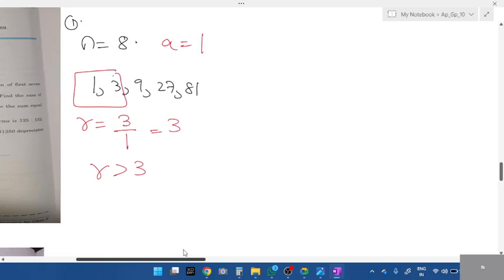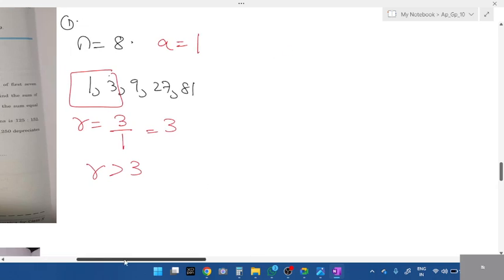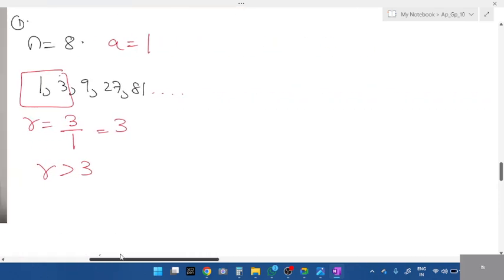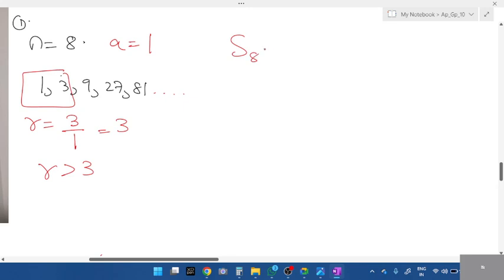Then what is the S of n formula, students? S of 8 is equal to, go through the formula. If R is greater than 1, A into R to the n minus 1 divided by R minus 1.